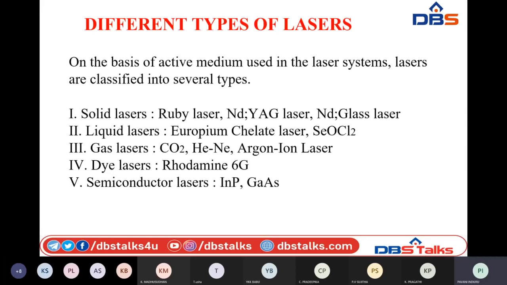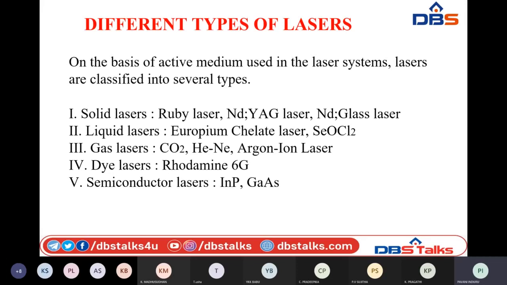Another one is liquid lasers, where the active medium is composed of liquids. Here the examples are the europium chelate laser and the selenium oxychloride laser. And gas lasers, in which the active medium is made up of gas molecules.